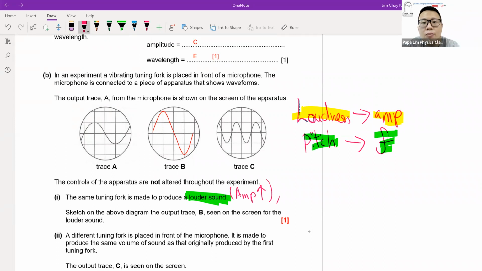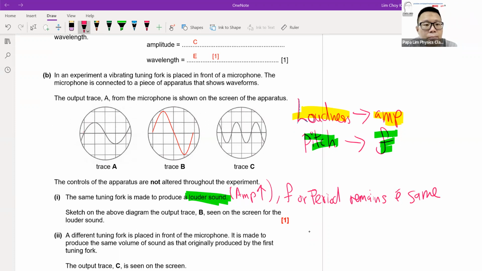Which means the wavelength, the period and the frequency remain the same, so where I cut the equilibrium, the zero axis, is always the same.